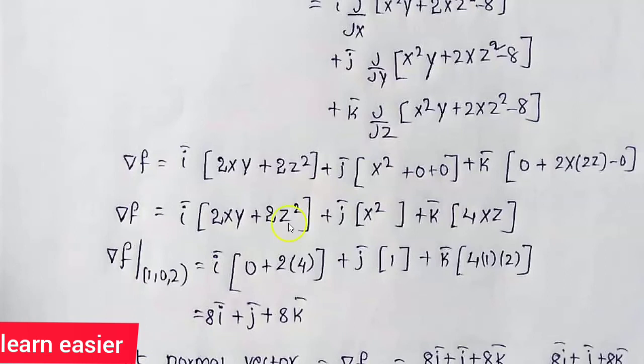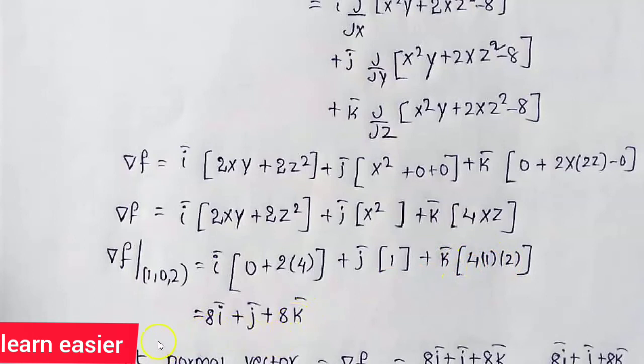So 2 squared is 4, 2 into 4. And next, here the x value is 1, so 1 squared is 1. And here 4 into 1 because x is 1 and z is 2. So we get 2 fours are 8, so 8 i bar, here is 1 into j bar, and here we get 4 twos, so 8 k bar.